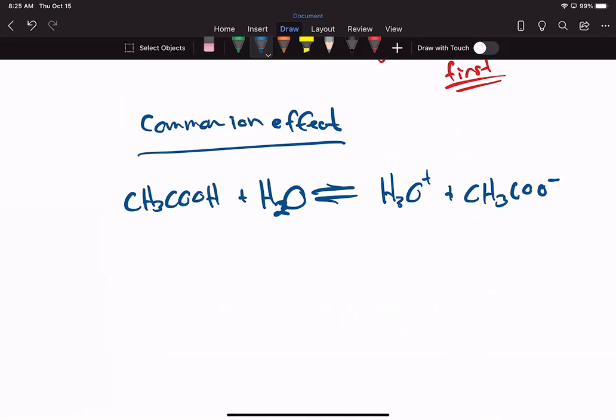So a common ion here, let's take a look. This is sodium acetate. So we have acetic acid that makes acetate. Well, if I introduce sodium acetate, that's a common ion, right?